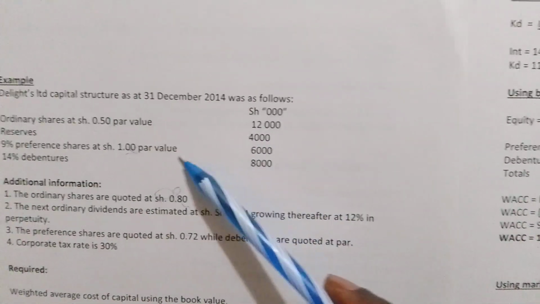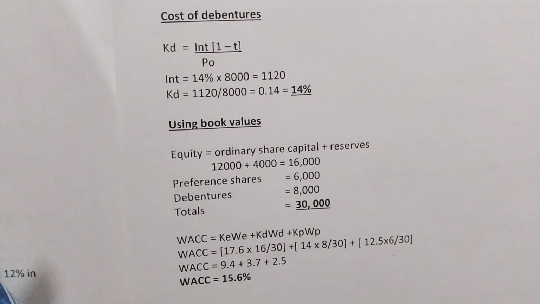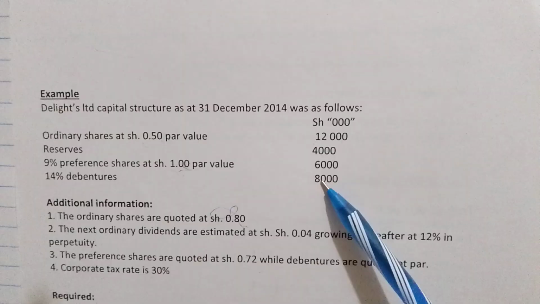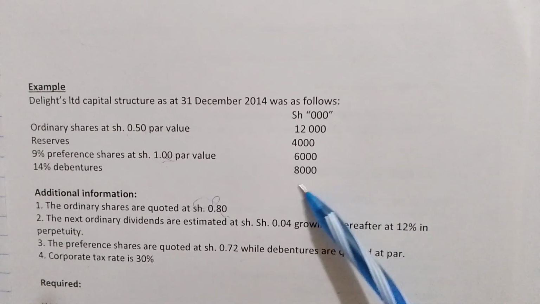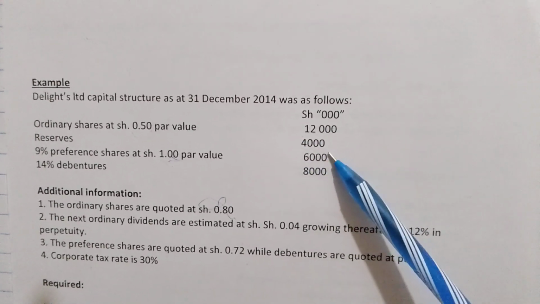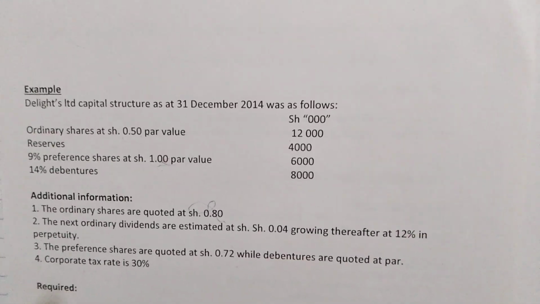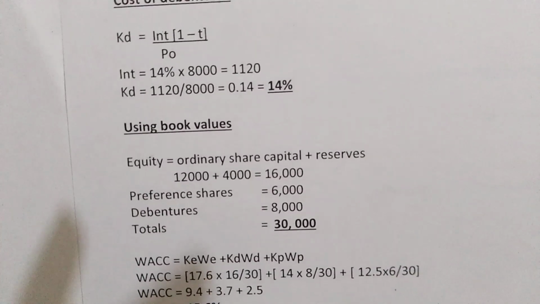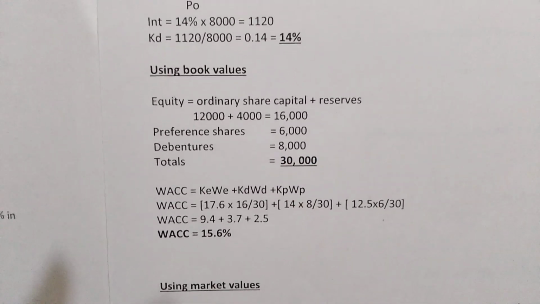Then preference shares, they are 6,000. The other proportion is debentures, 8,000. So we've summed all these numbers because we are using book values. Remember, you have combined reserves with ordinary shares. Once we have that, our total is 30,000.